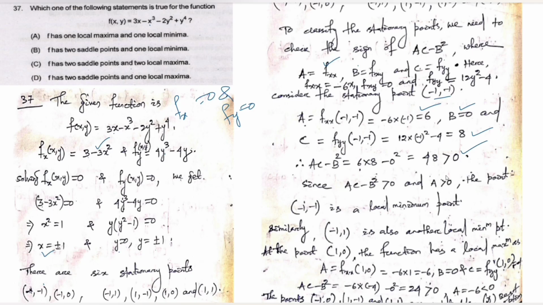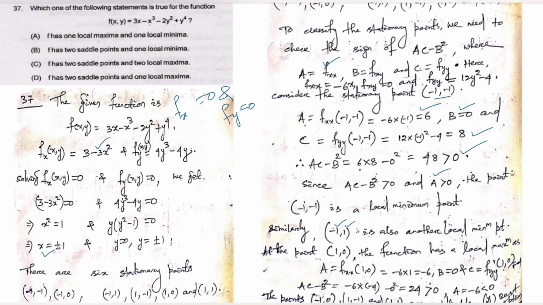Now you can check the sign of A or C. A is greater than 0, so the function has a local minimum at the stationary point (-1, -1). Similarly, you can check that AC - B^2 is greater than 0 and A is greater than 0 at the stationary point (-1, 1). So this point is also another local minimum point of the function f.